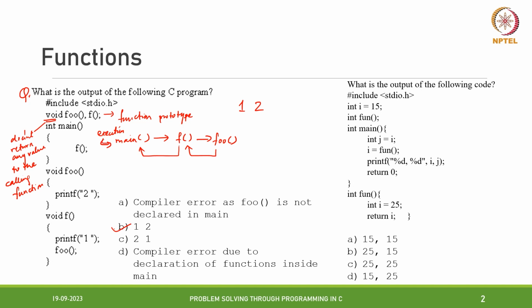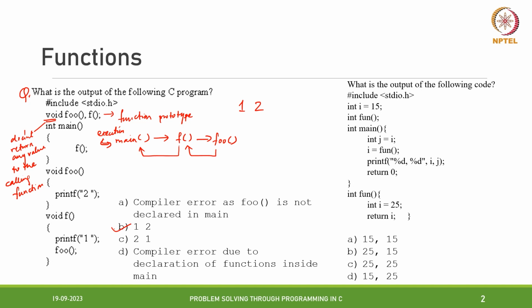First main will be called, and inside main the function f will be called. F will print 1 and then call the function foo. The function foo will print 2 and then return the control of the program to function f.